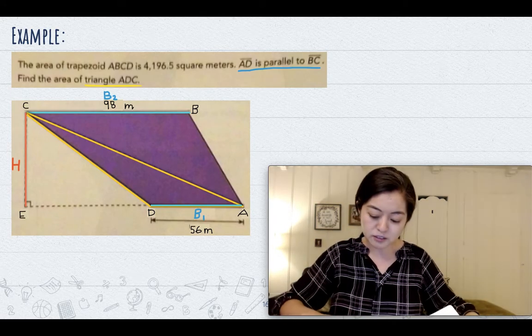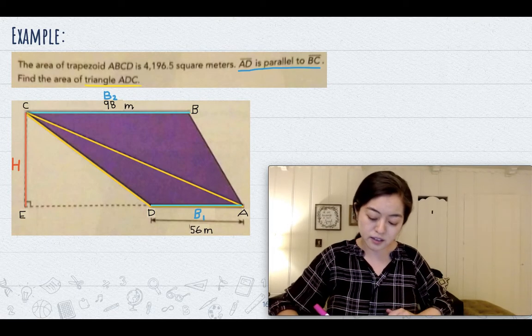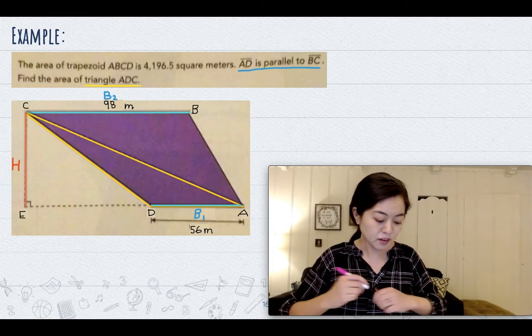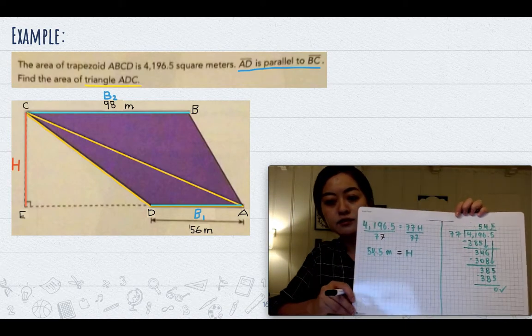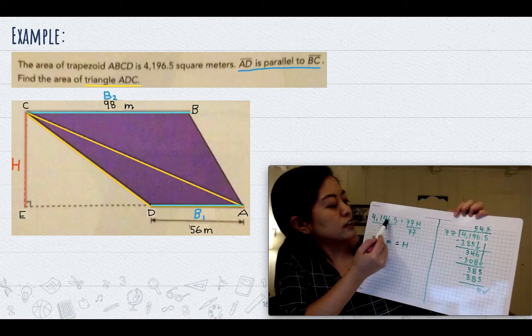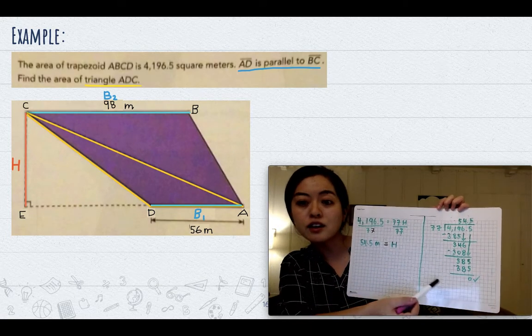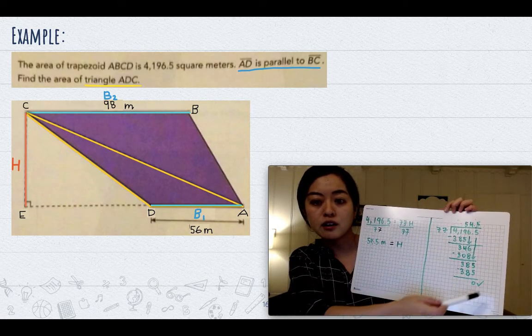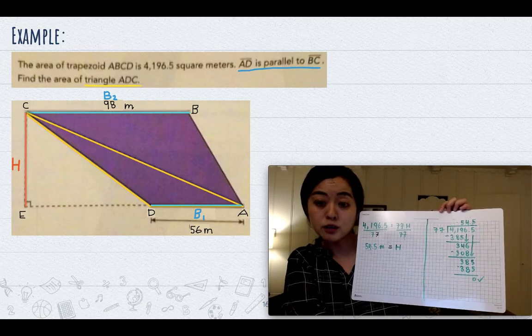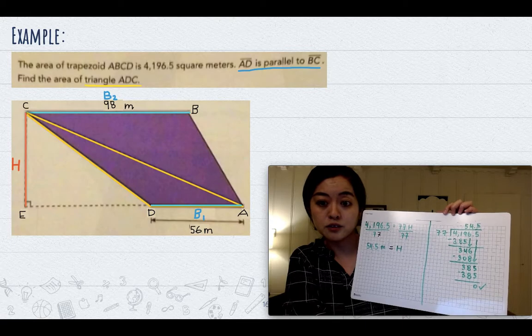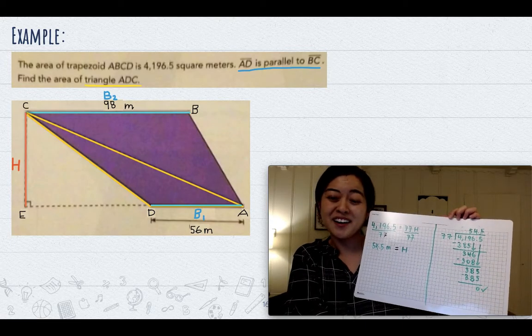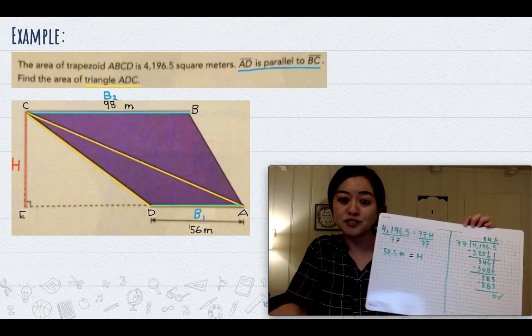And it's not approximately, it's actually exactly, okay? And if you want to see how I divided 4,196.5 by 77, you can take a look over here, and you can pause the video to examine it to see if you understand how to do it. Okay? If not, just keep the video going.